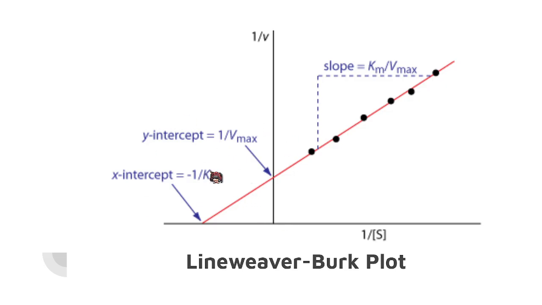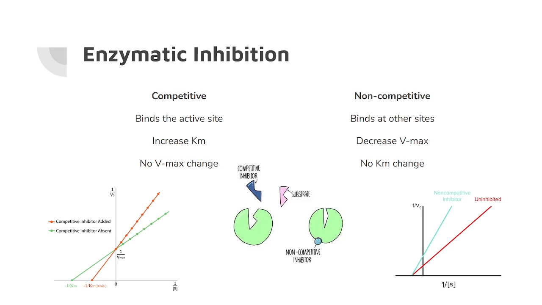The intercepts will be measuring the Km and Vmax, while other measurements will be measuring the change in velocity and substrate starting from those intercepts. And essentially, this plot is important when we talk about it in the scope of enzymatic inhibition.